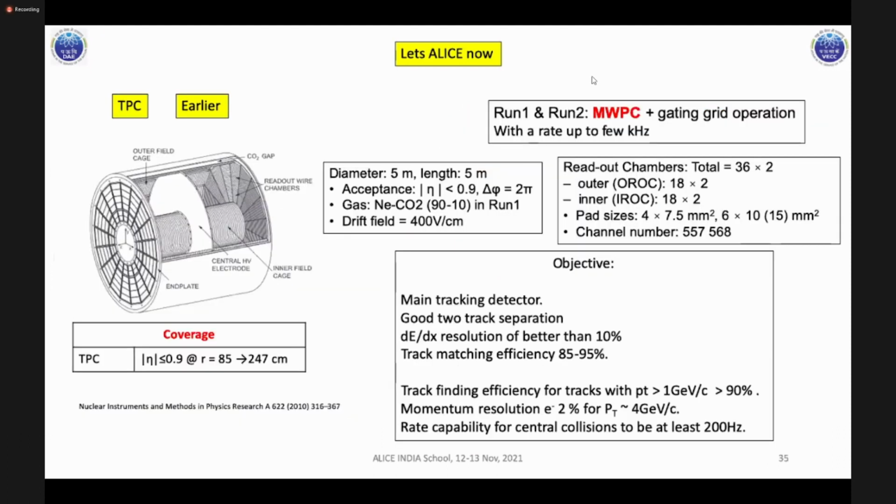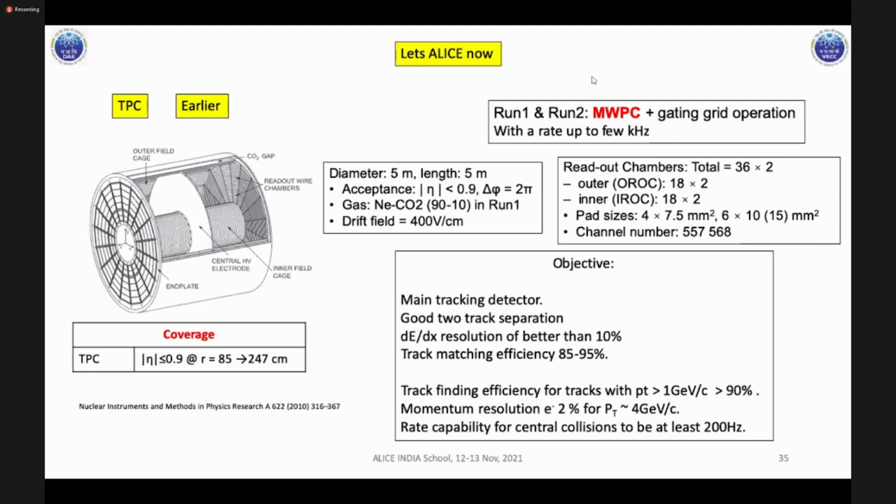And then just after the ITS, what is the next detector? This is the Time Projection Chamber. We have already discussed MWPC and GEM, so here we will discuss what this TPC will do and its different features. In the earlier case, before this upgrade, during Run 1 and Run 2, the TPC was equipped with multi-wire proportional counters with a gating grid.